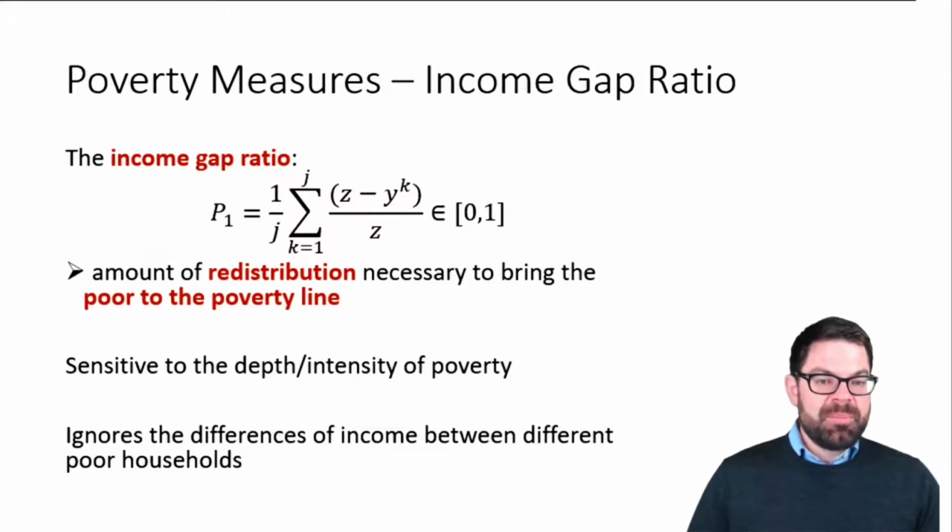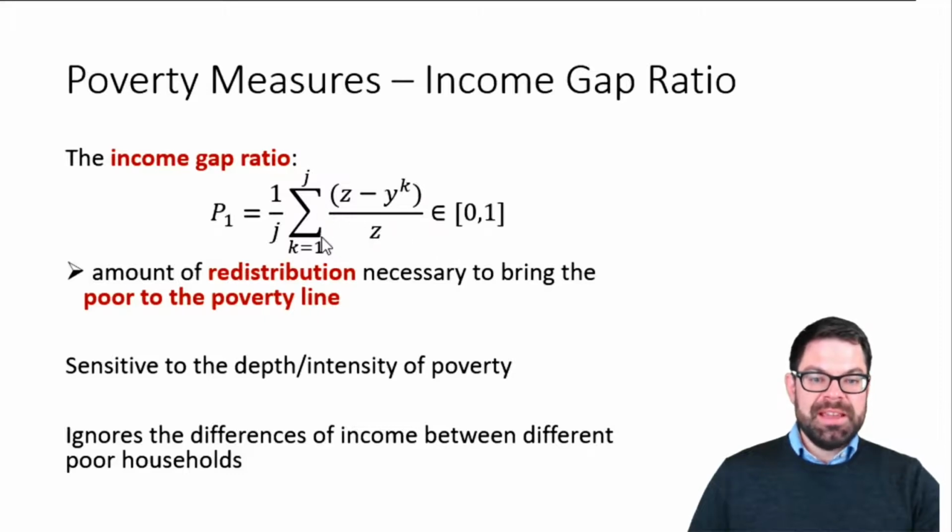So the income gap ratio is between 0 and 1, and it tells us, for all J poor people, you take for each of them their income gap and put that in relation to the poverty threshold.